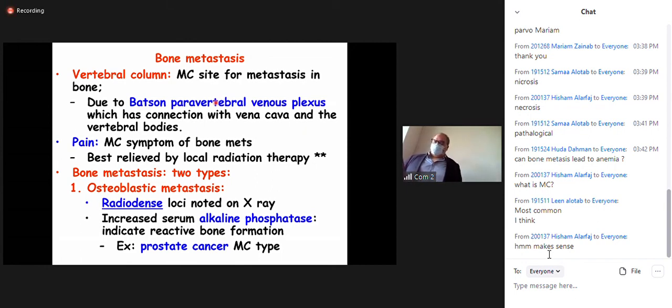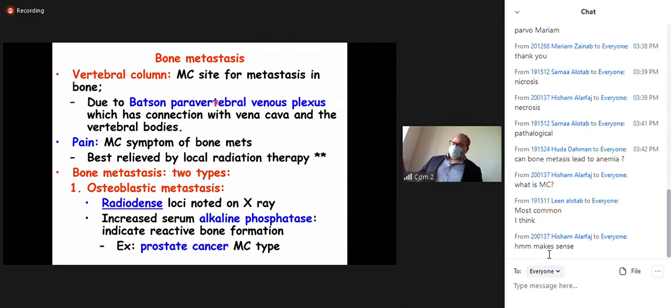So what you're going to be finding here are those radiodense loci on the X-ray when you do an X-ray for a patient with osteoblastic metastasis, and that's actually an indication that there is bone growth in that region. Again, too much of a thing is not really good. In this case, those osteoblastic metastases are weakening the bone rather than strengthening it.